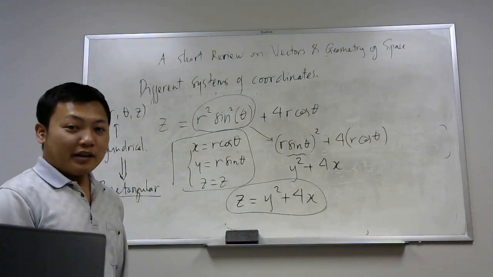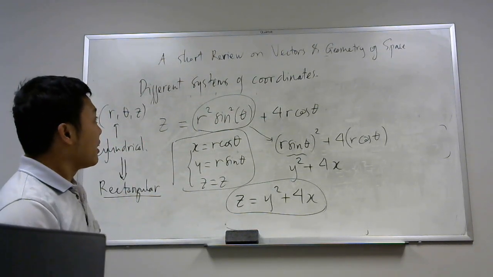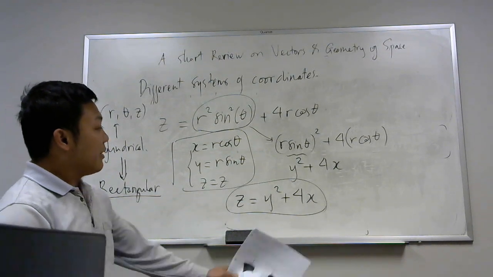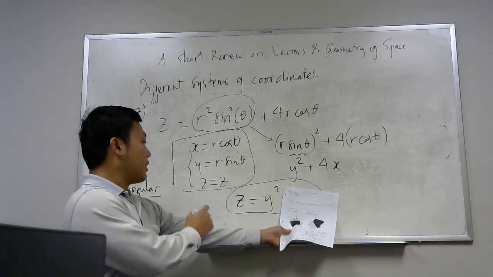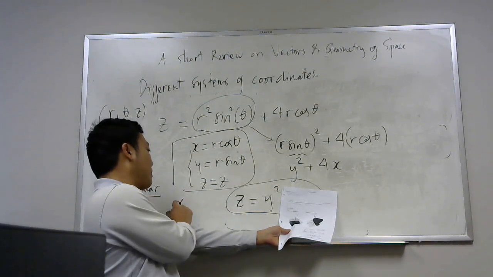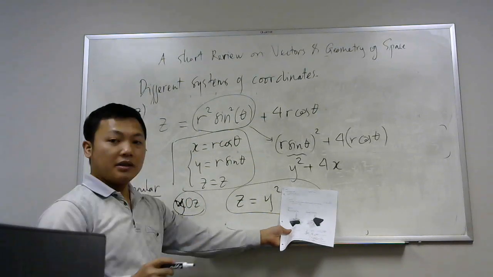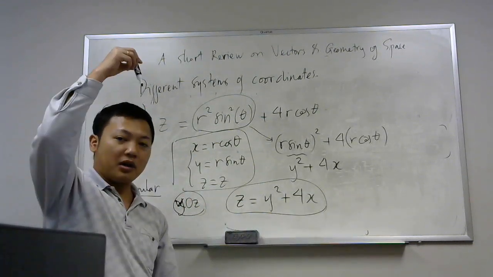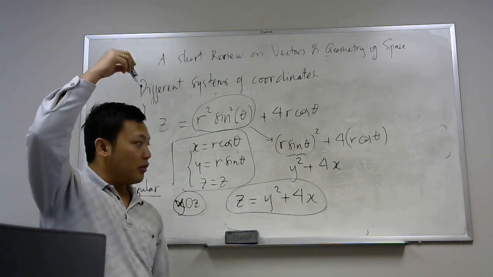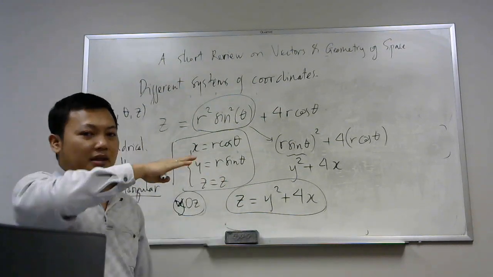And how do we imagine the surface? First, if you put x equal to 0, you get some parabola on the plane YOZ. Once you add x, you move that parabola around, and you make some change when x is greater than 0 and when x is less than 0.